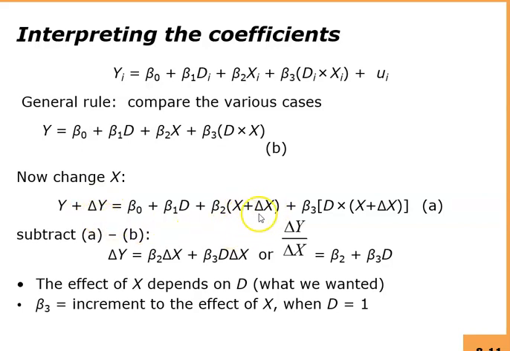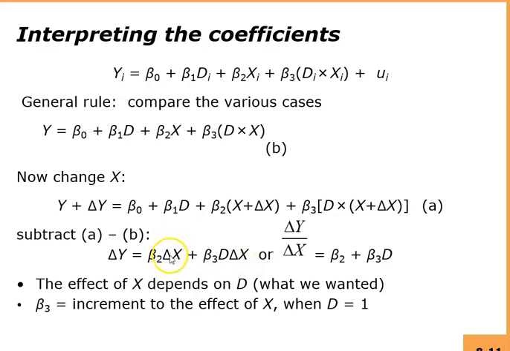And when you substitute this x plus change in x over here instead of x, you will have to do it in both the places where x occurs. And when you do that, you can compare scenario A and scenario B. So when you subtract A minus B, you get change in y equals beta 2 change in x plus beta 3 d change in x.